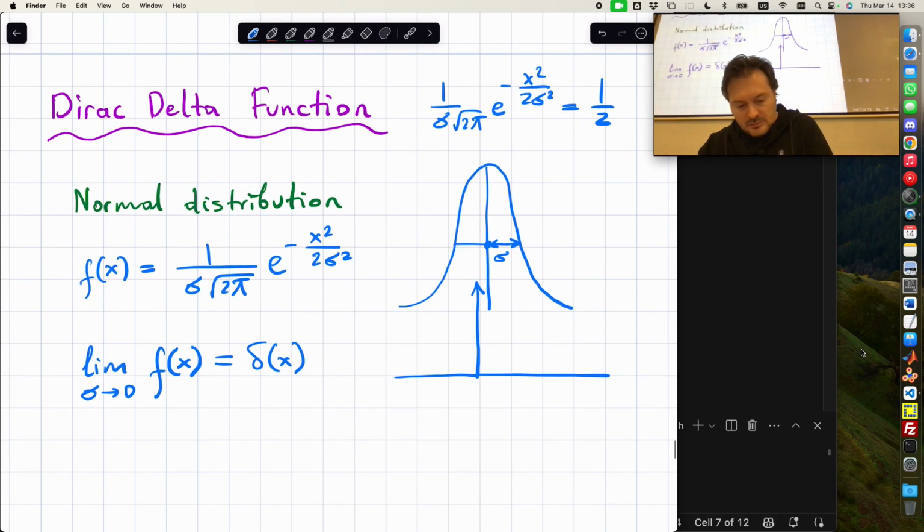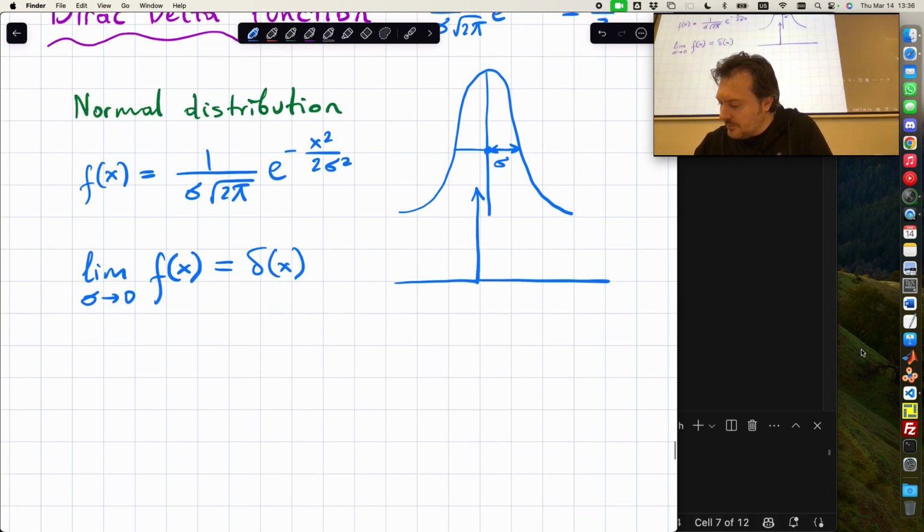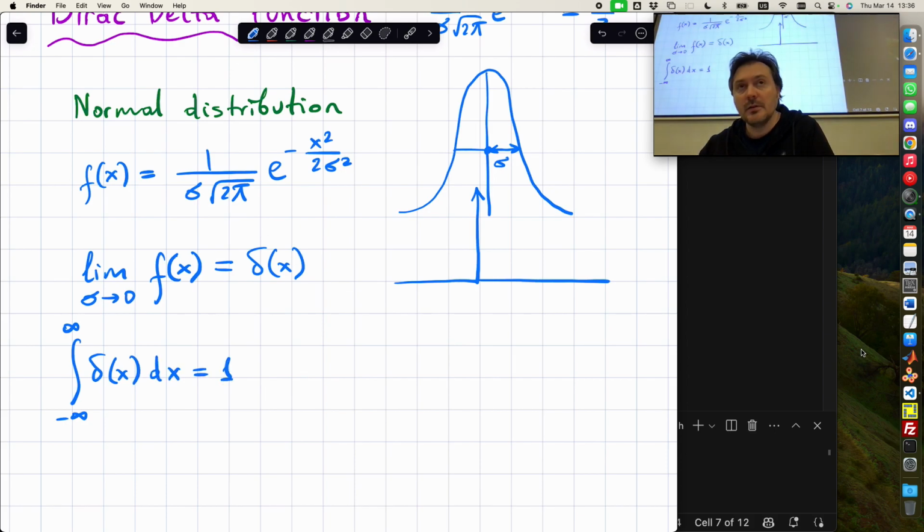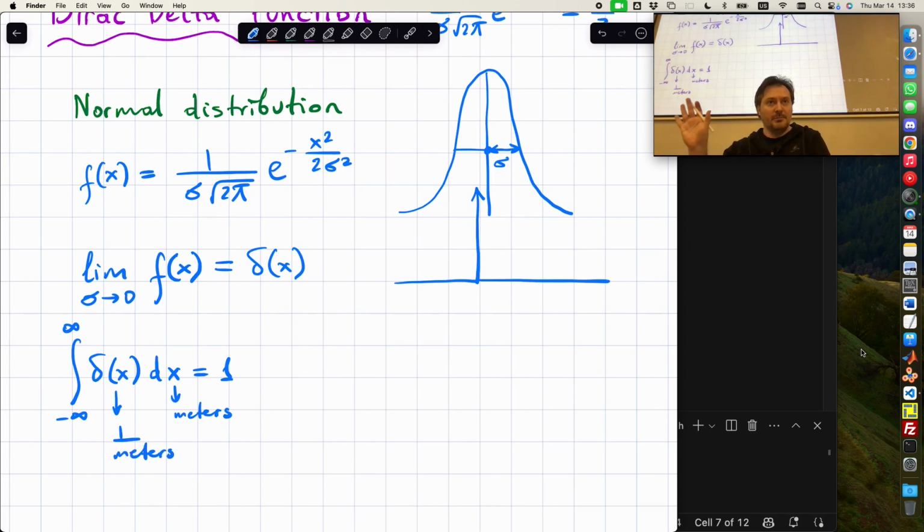Now, one of the properties of this Dirac delta is that if you integrate it, you are going to get 1. So I want to talk about units here. 1 over x. Exactly. If this is meters, then this is 1 over meters, because 1 is a number.